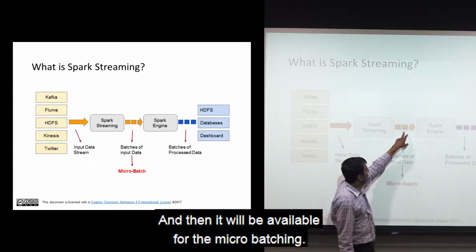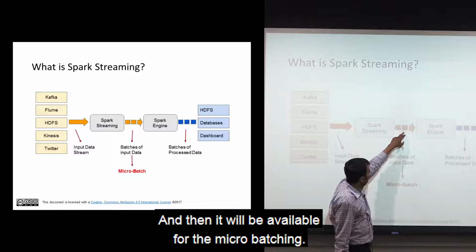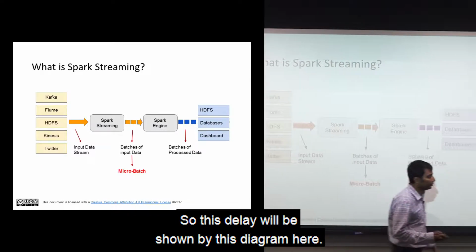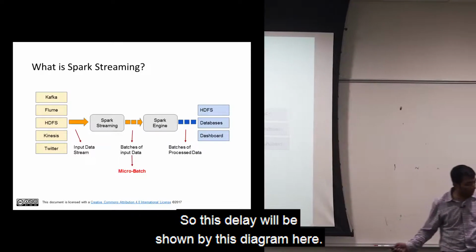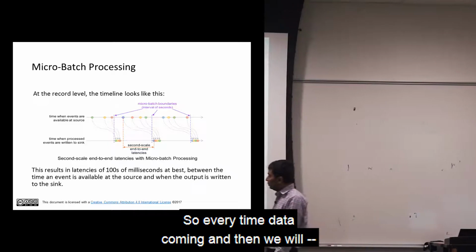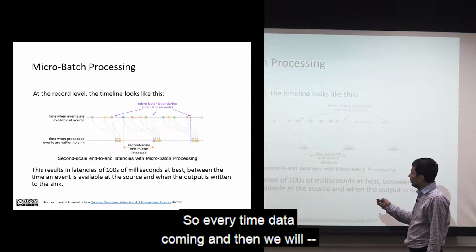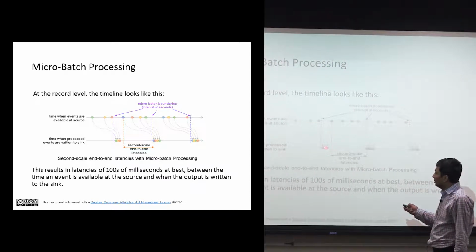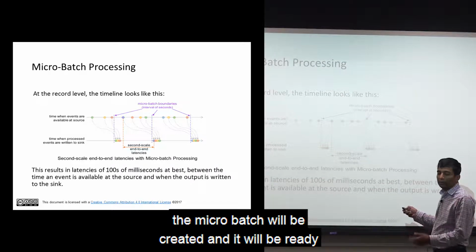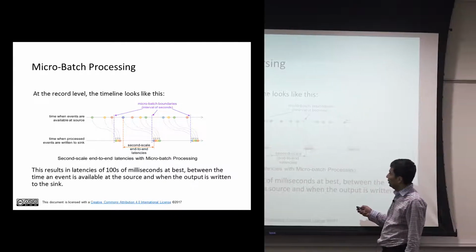And then it will be available for the micro batching. This delay is shown by this diagram here. Every time data comes in, the micro batch will be created at this point, and it will be ready for RDD consumption and so on.